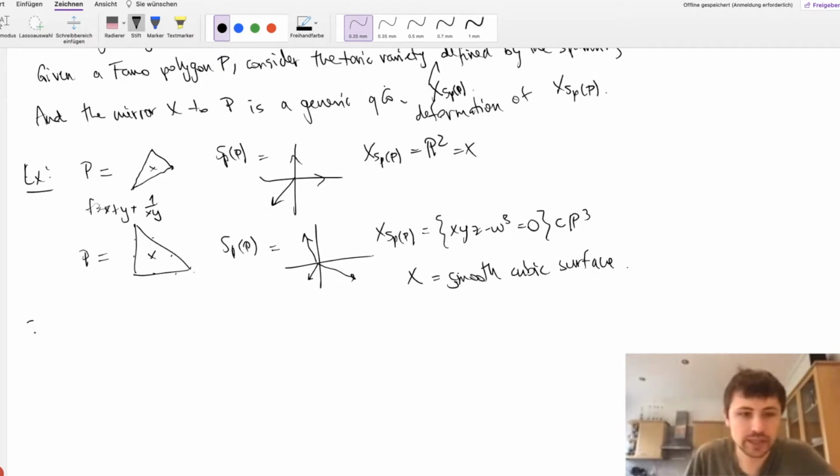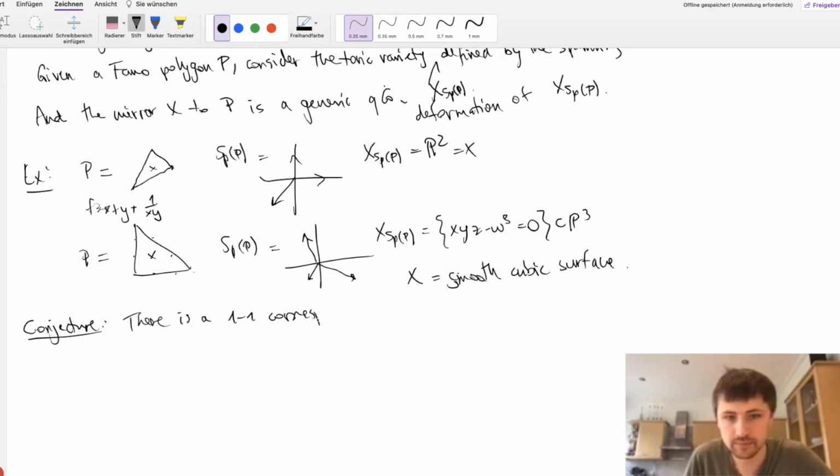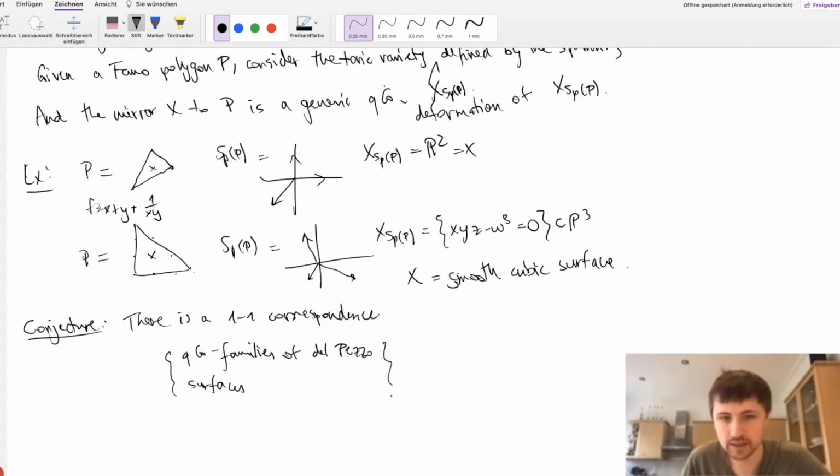And in general, the conjecture says the following. There is a one-to-one correspondence between QG families of Del Pezzo surfaces and Fano polygons.